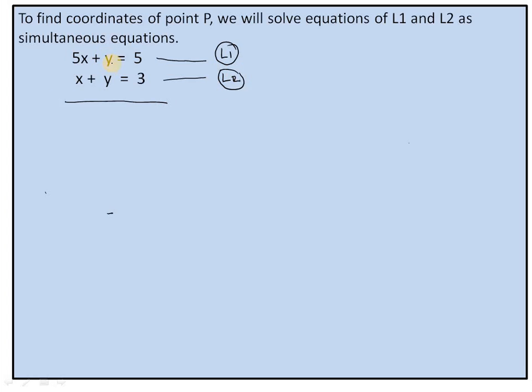We need not multiply anything because this is y here, this is y here. So I deduct L2 from L1, 5x plus y minus x minus y equal to 5 minus 3.